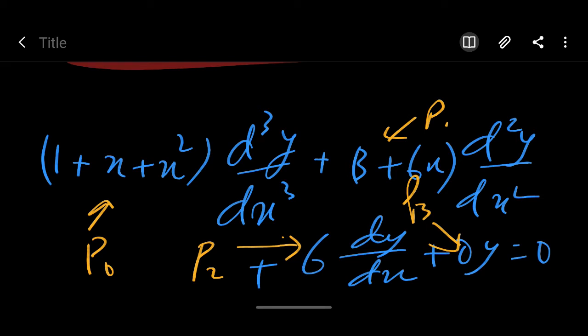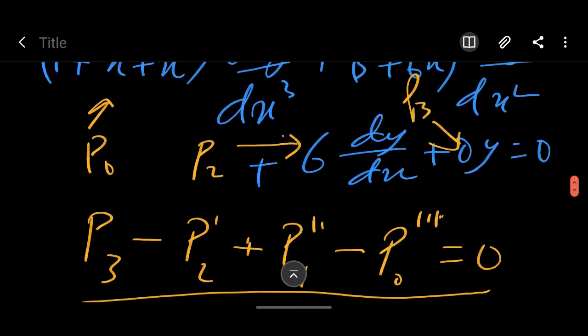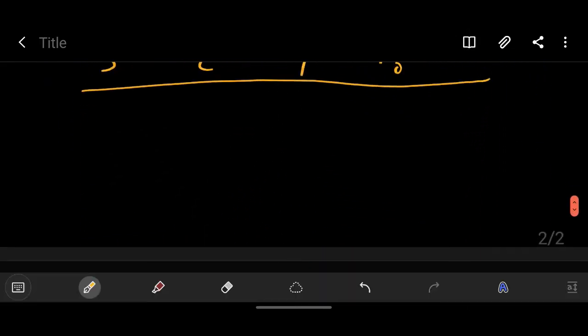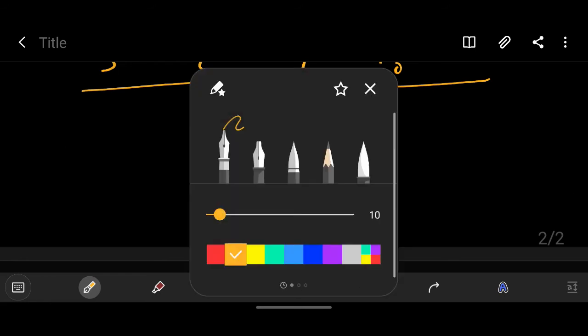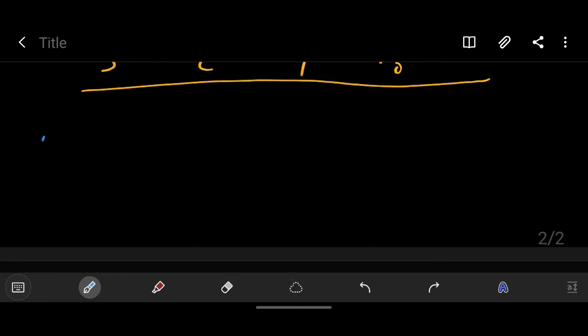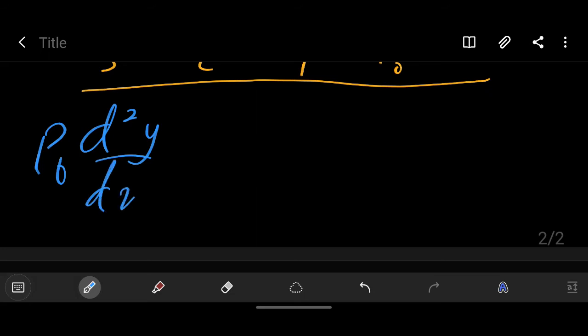How to do that is we have to write it like this. So P0 times d squared y by dx squared. The given problem has d3y, so its order is 3, and since it is exact, we can reduce to this lower order.